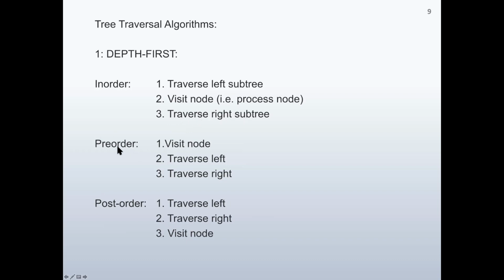In the pre-order traversal, we visit node first, and then we traverse left subtree and traverse right subtree. In the post-order traversal, we traverse left and right subtrees, and then we visit the node.